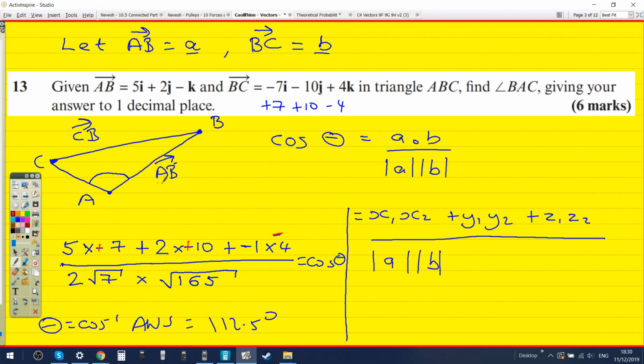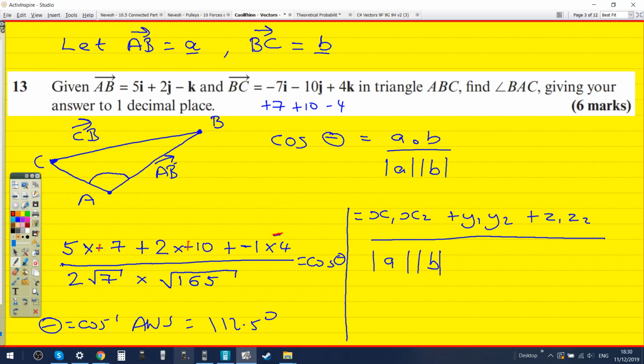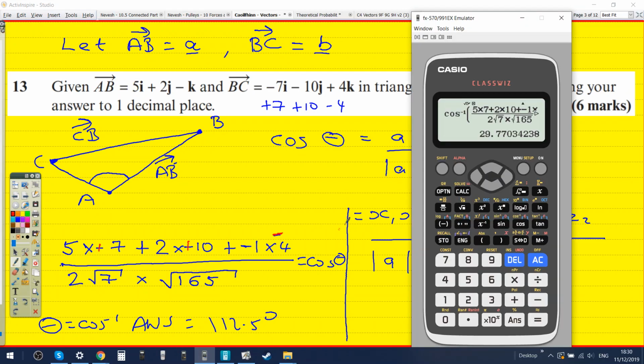29.77. I think on the bottom it's meant to be root 30 instead of 2 root 7. I thought I fixed that. Ah, I didn't. Yeah, but you typed in again. No, I've been putting in the wrong one. There's the root 31. Okay. So that's 146. Let me see. Okay. Minus.